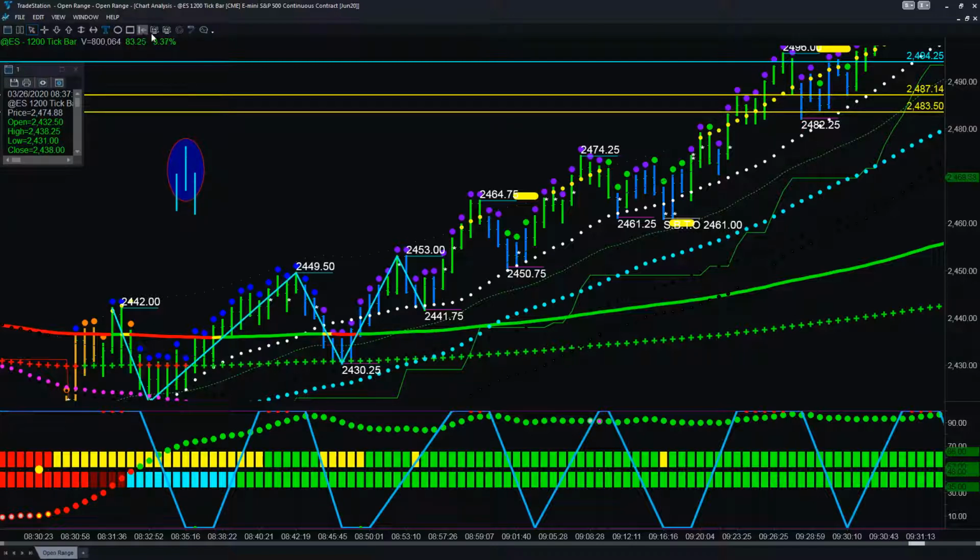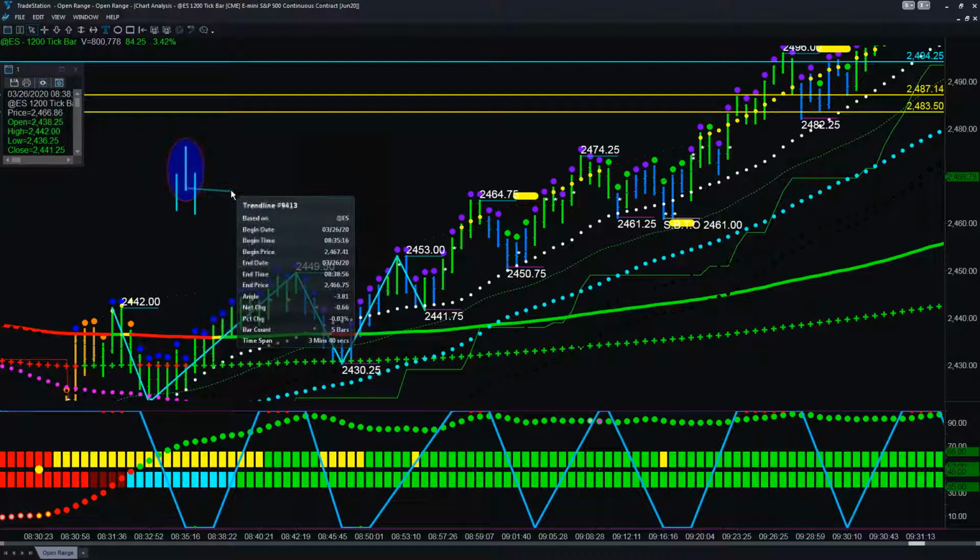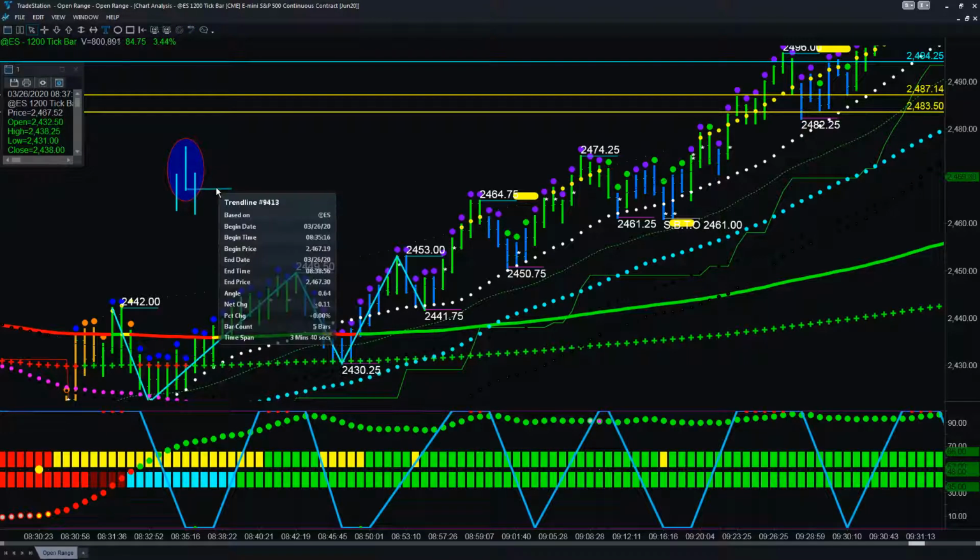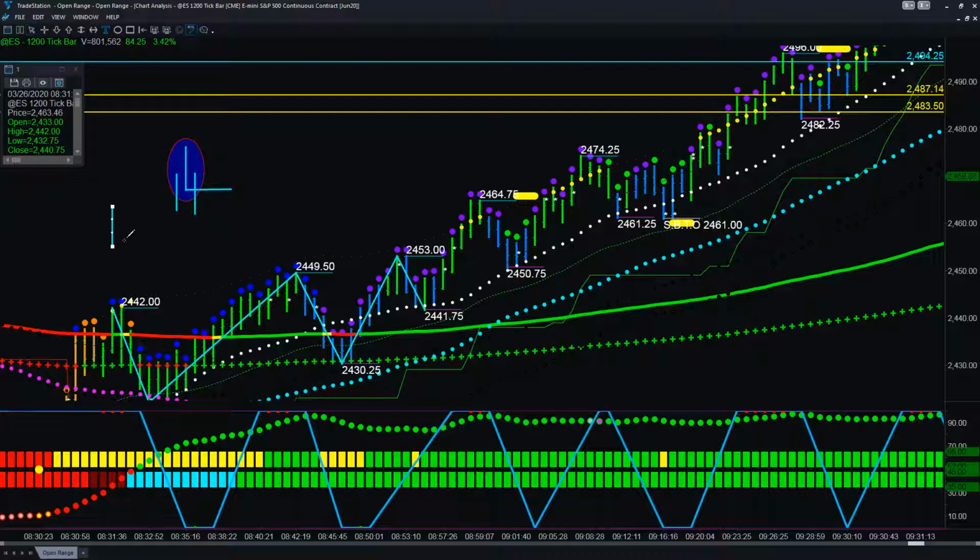Now I'm looking for any subsequent lower bar that closes below the low of that bar. So we have prices moving up, so that looks like the market's moving up.